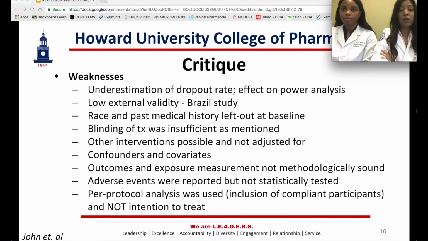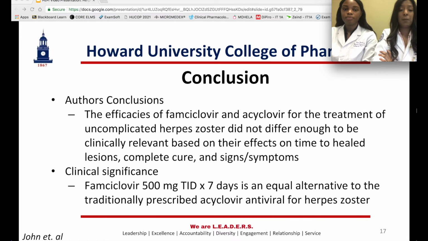And also a per protocol analysis was used, so it only included patients that were adherent to the protocol and not really significant of what we would actually see in the community. Okay, so essentially in this study, the author concluded that there wasn't a real difference seen between the efficacy of the treatments between famciclovir and acyclovir for uncomplicated herpes zoster.